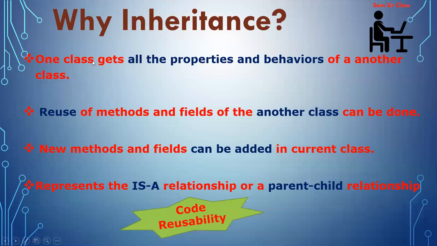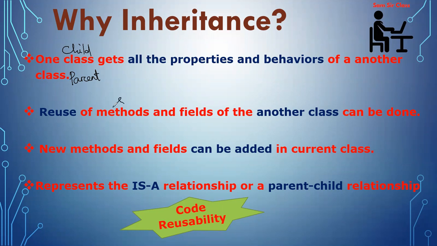Now coming to the same points again, and now you can relate. One class can get all the properties and behavior of another class. So here my child class is getting the properties and behavior of the parent class. This is what we have discussed through the example. Now the reuse of methods.